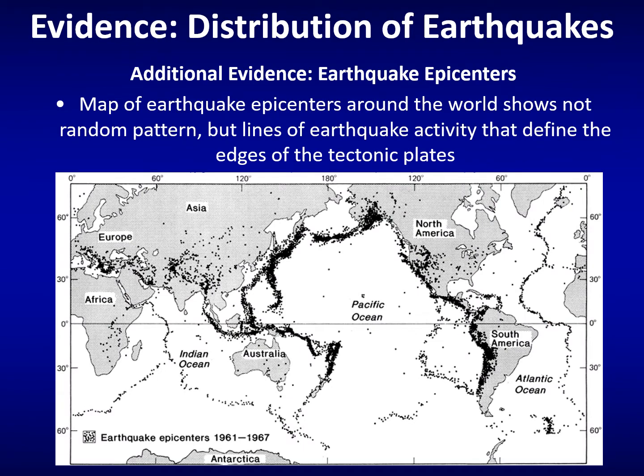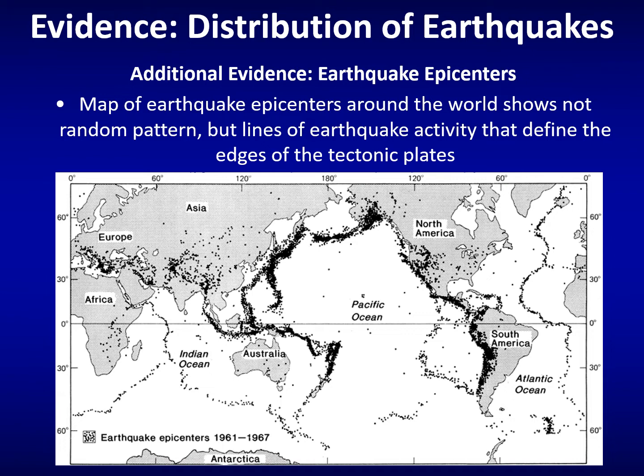Additional evidence gathered in the 60s showed that the earthquake epicenters map out the edges of these so-called lithospheric plates, that where we find the most earthquakes are where the boundaries of these tectonic plates lie. And so it was a very interesting discovery.